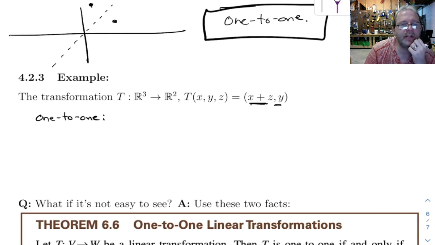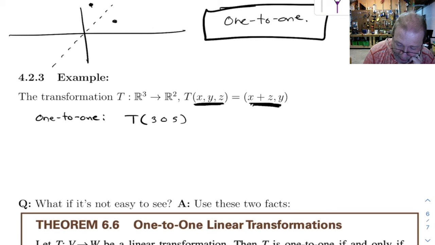Is it possible to get one point over here using two different input values? And I think the answer there is yes. Let's say we did T of 3, 0, 5. Well, the image of that is x plus z, so that's going to be 8, and then y, 0.